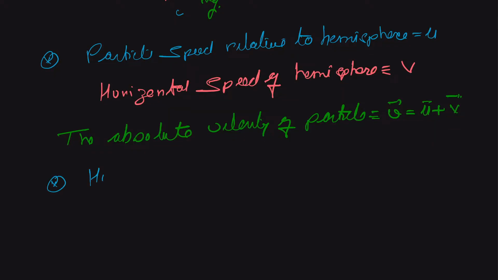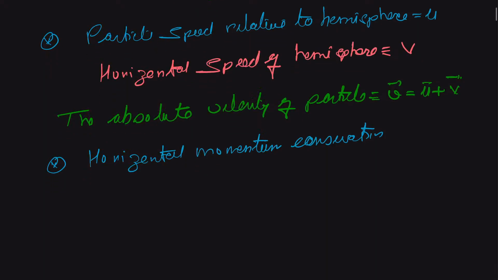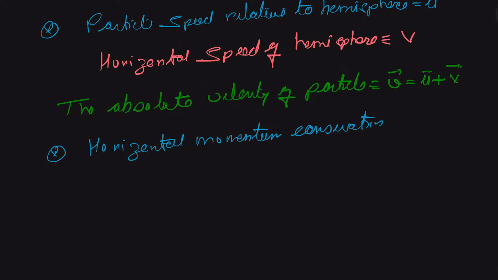So, horizontal momentum conservation, and there is no net external force. Therefore we can write that m v of x plus M times V should be equal to 0.